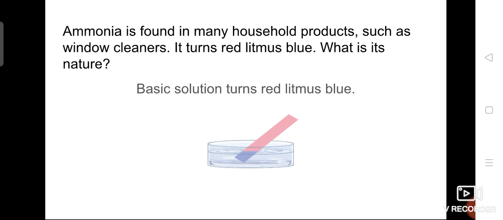That window cleaner turns red litmus blue. So what is its nature? It is a red litmus paper, and what color has it changed to? Blue. Okay, so which substance, whether acidic substance or basic substance, will change the red litmus into blue?